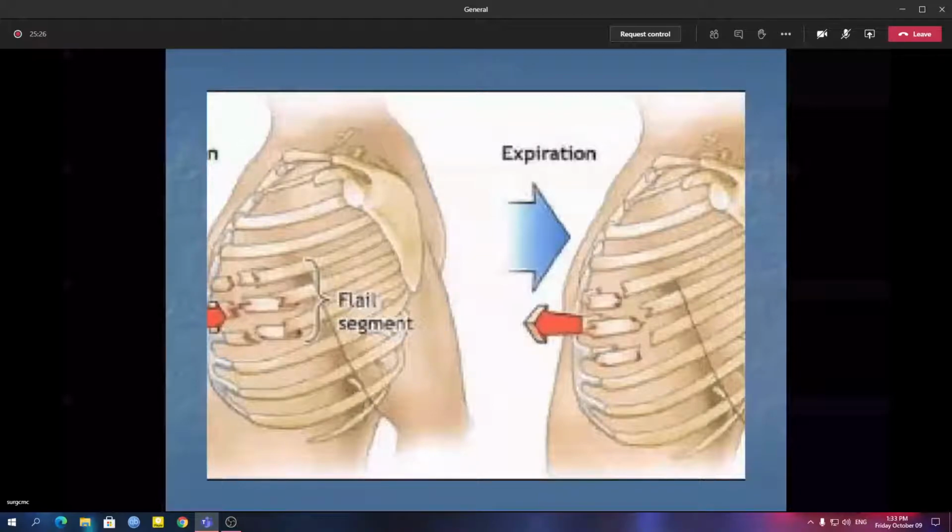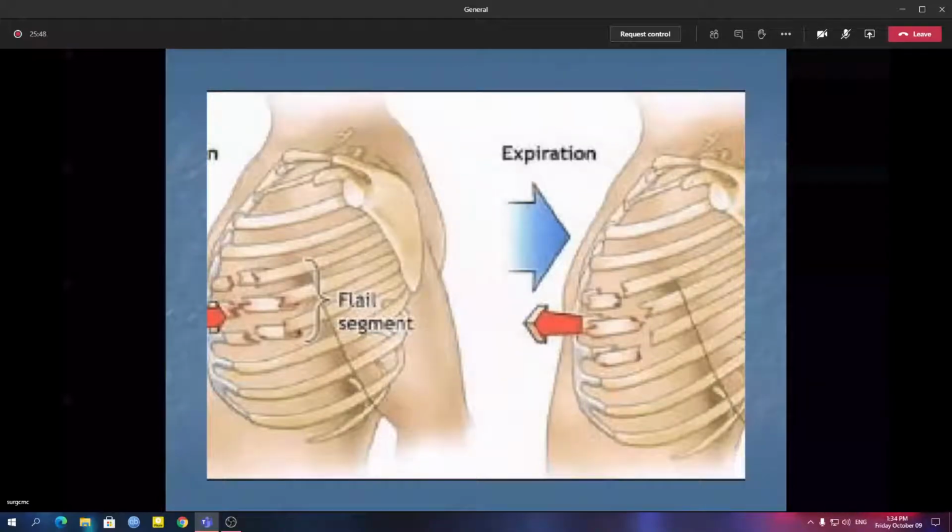On inspiration, what happens? Tell me, somebody. Chest expands. In inspiration, first negative pressure appears. With the negative pressure, when the chest expands, the entire chest will first be in negative pressure. Hello, can you hear?